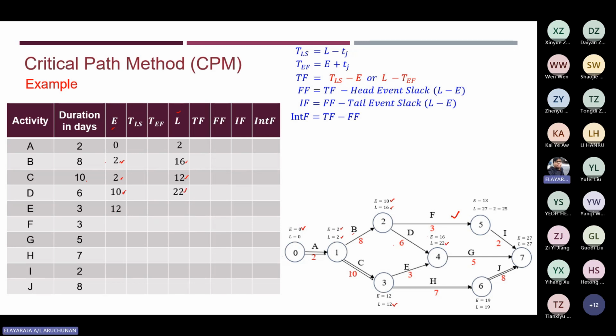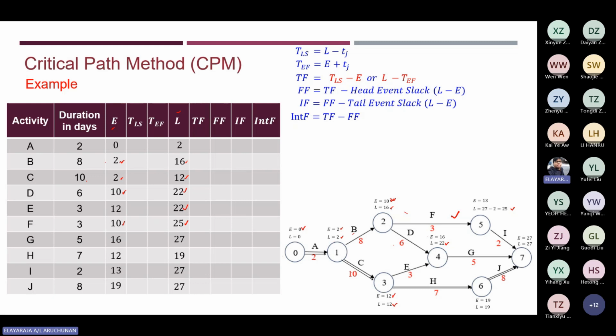Activity E, same thing: earliest starting time is 12, and latest finishing time is 20. And then F, same thing: earliest starting time is 10, latest finishing time is 25, and substitute here, and so on. You substitute everything until node 7.